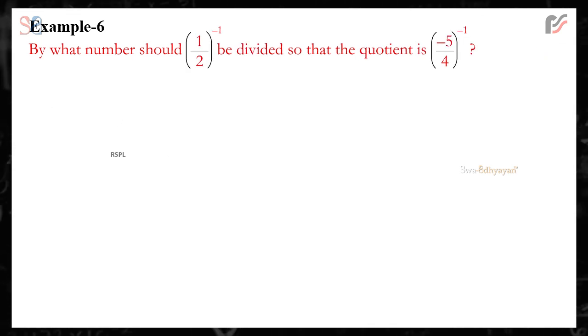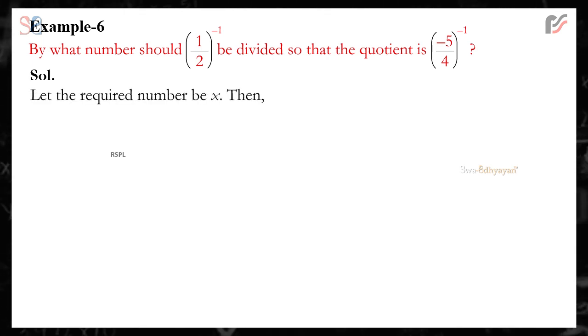Example 6. By what number should (1/2)^(-1) be divided so that the quotient is (-5/4)^(-1)? Solution. Let the required number be x.